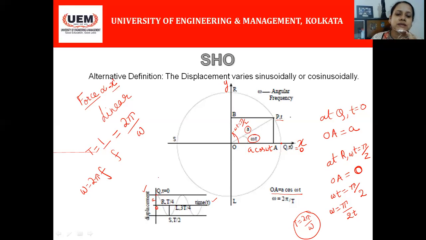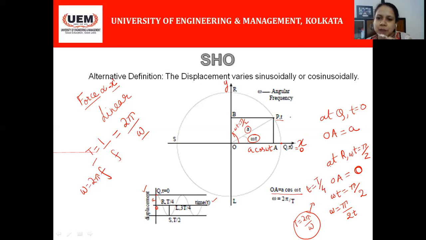So this is the relation between time period and angular frequency. Using this relation, when we fit in omega equal to pi by 2t, we get t is equal to capital T by 4.